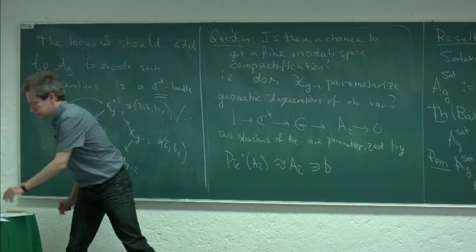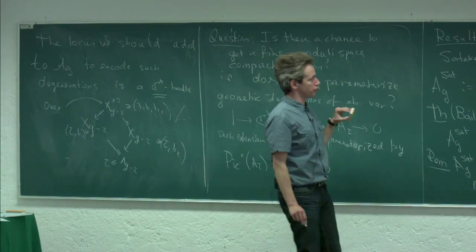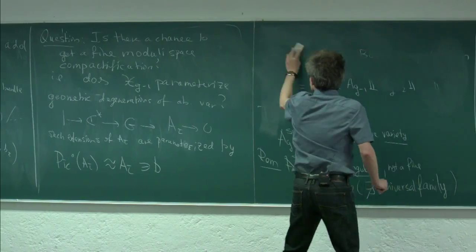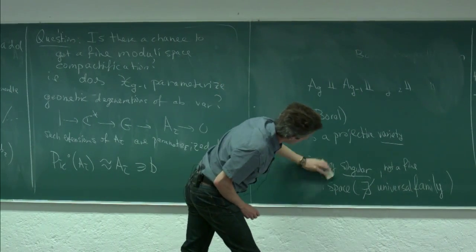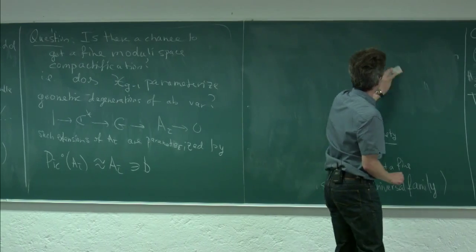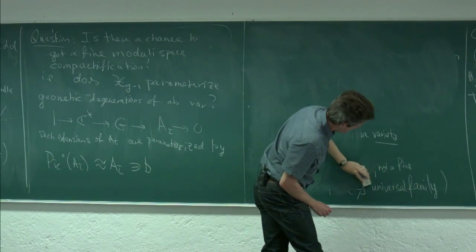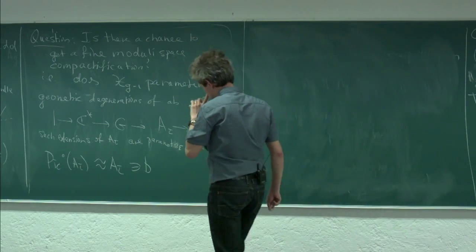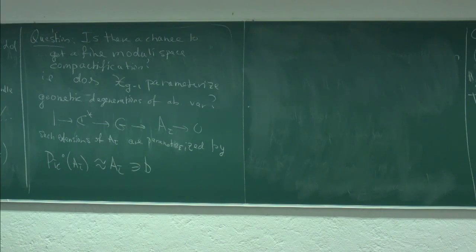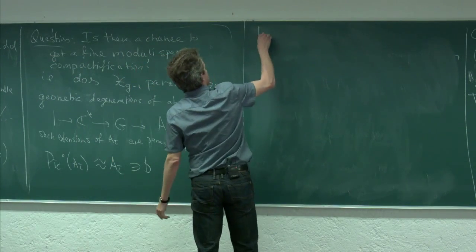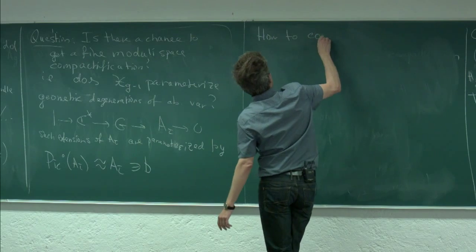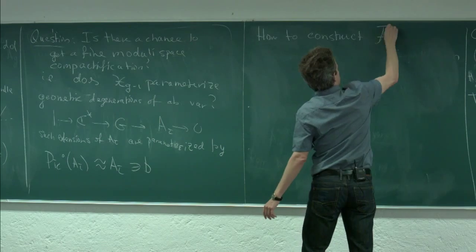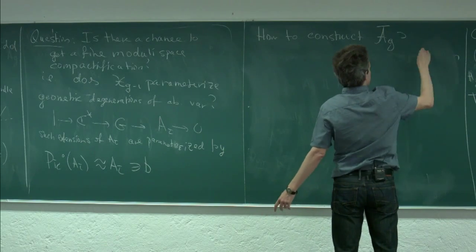Okay, so with this motivation, let's take a deep breath and let's try to think about compactifying further. So the question is how to actually compactify, how to construct a G bar, which includes whatever we constructed so far.